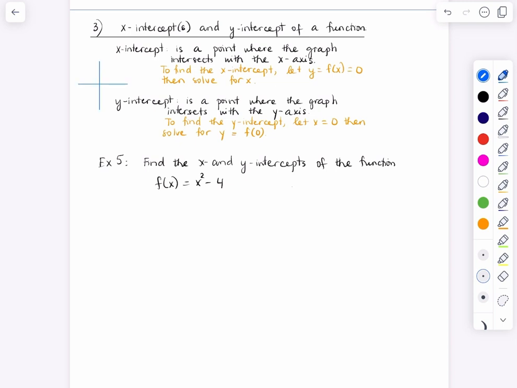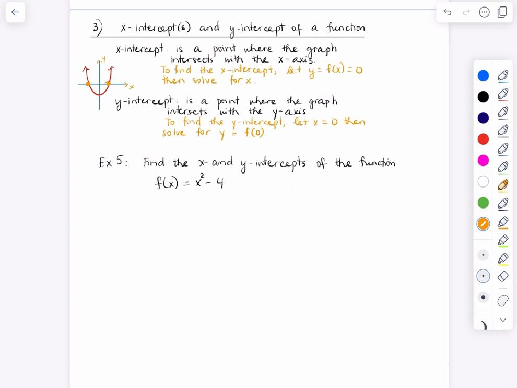Let's say we have a parabola that is the graph of a function. The x-intercept is the point where the graph intersects with the x-axis. So that will be these 2 points.